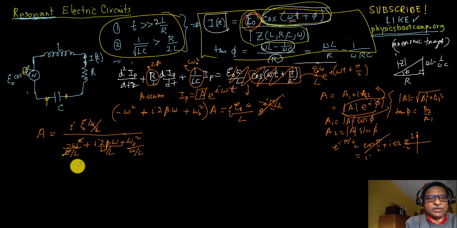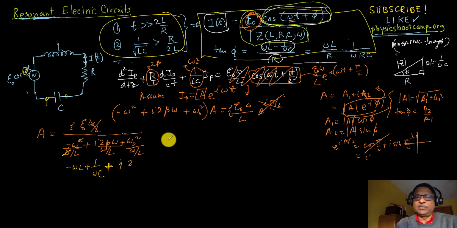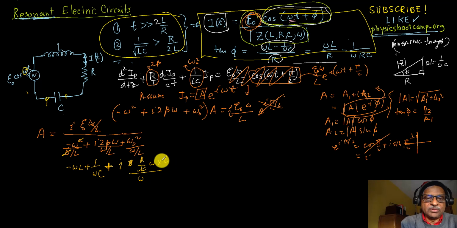So one of the omegas got cancelled out, so this one is minus omega L, and over here you can see omega naught squared was 1 over LC, and this is omega over L. So L cancels out, and this becomes plus 1 over omega C. And this guy is plus i 2 beta, where 2 beta is equal to R over L. So this is R over L, omega over omega times L. So L cancels, omega cancels. So this is just iR.